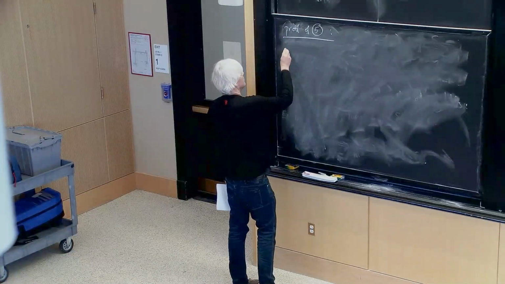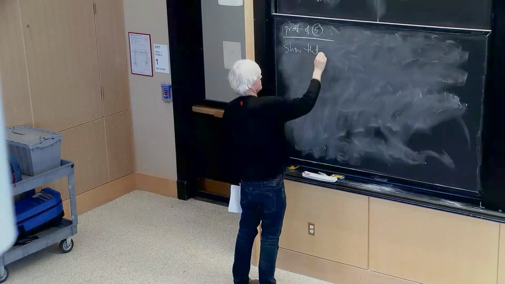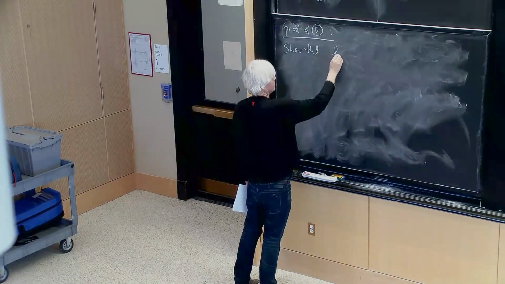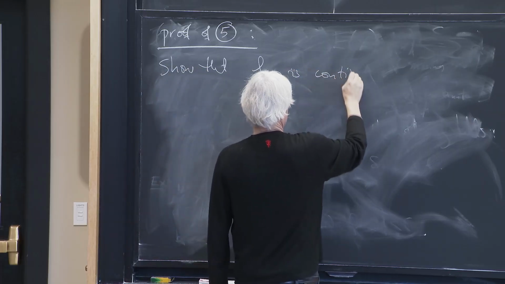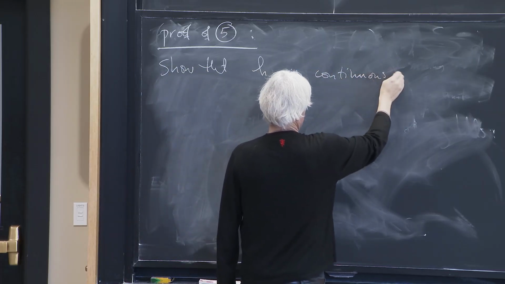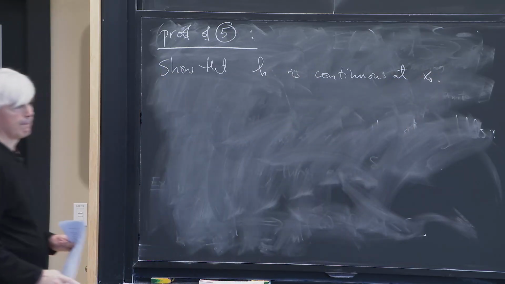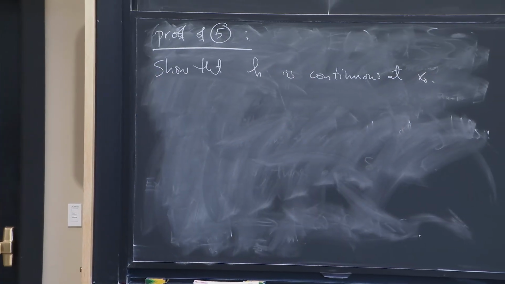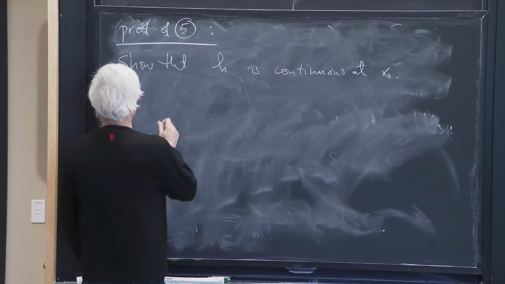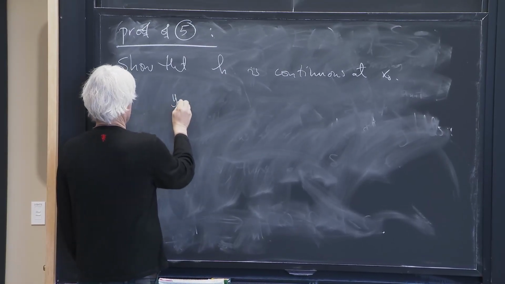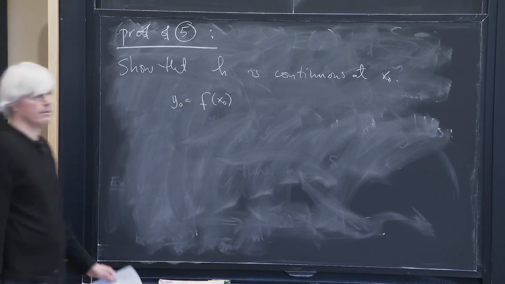Let's show that H, which is a composition, is continuous at x0. And so I want to prove that. And for convenience, I'm just going to call the image of x0 under f, and we'll call that y0.